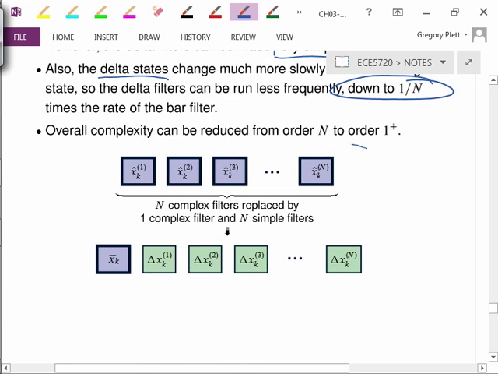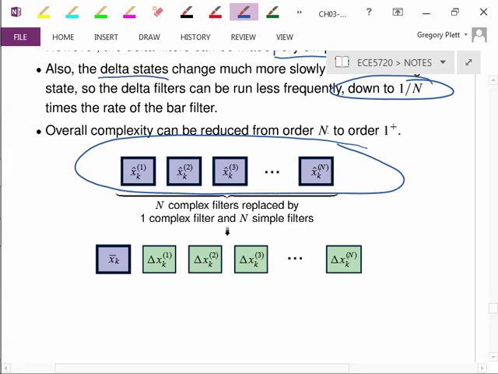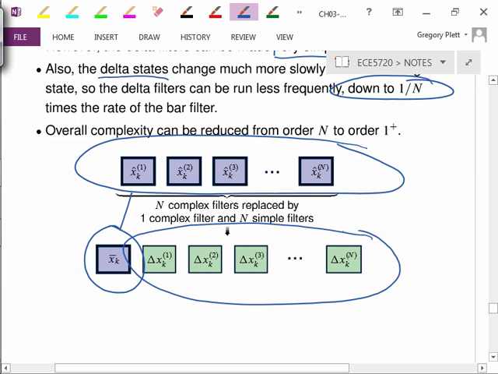So instead of taking n complicated SPKF filters and updating n of these for n different cells, what we end up doing is we make one SPKF filter for the bar state, the average state, and we have n very lightweight, simple filters that I might update every time instant, or I might not.